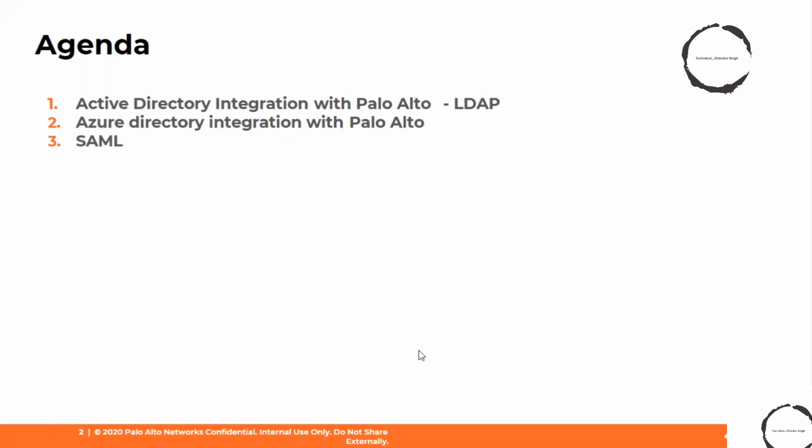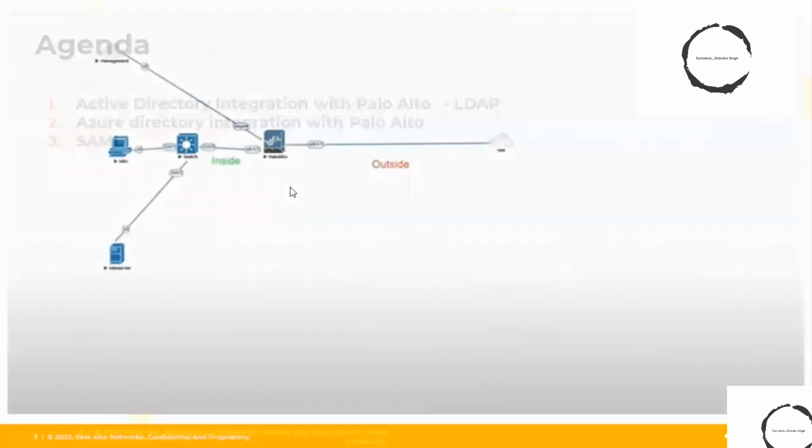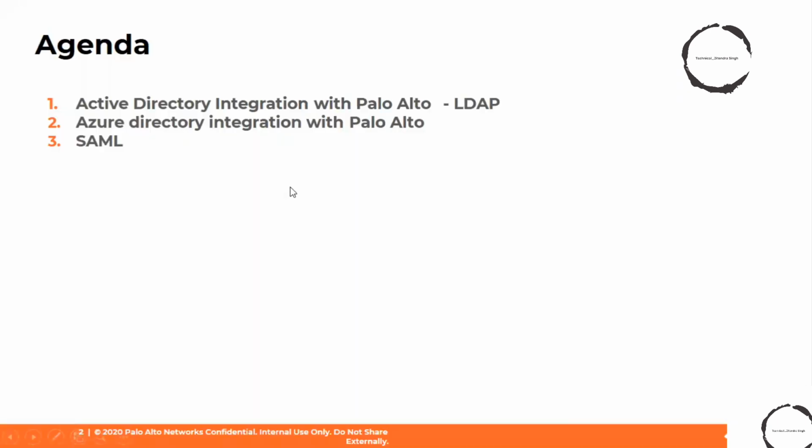So today the agenda is Active Directory integration, LDAP integration and Azure integration. This is the part for the user ID. In Palo Alto, you know that we have four concepts: user ID, content ID, app ID, and in 10.0 we introduced device ID also for your IoT devices.